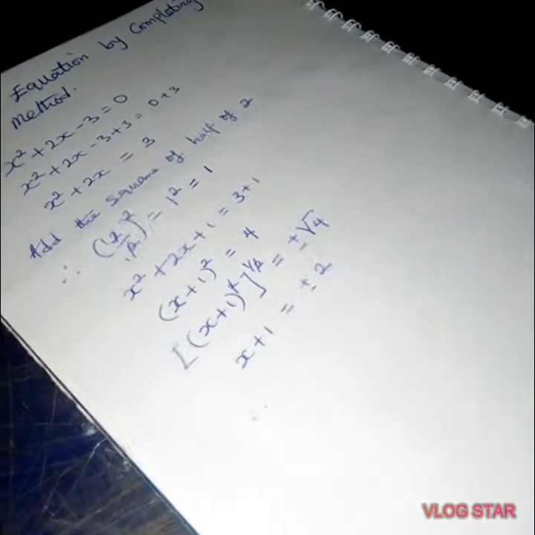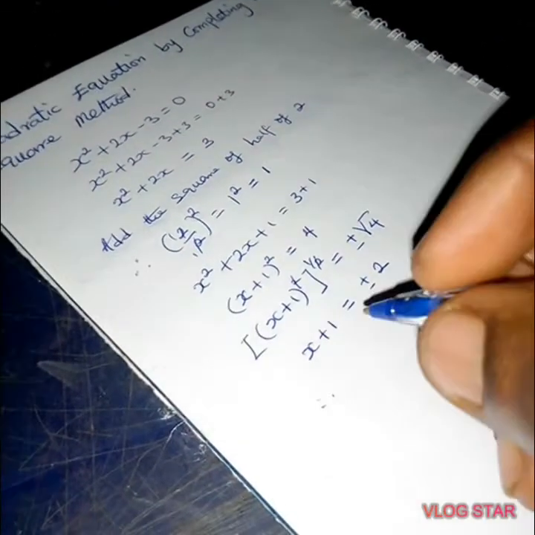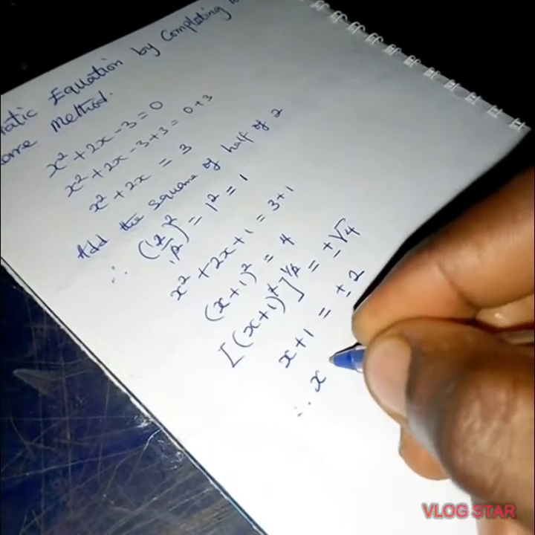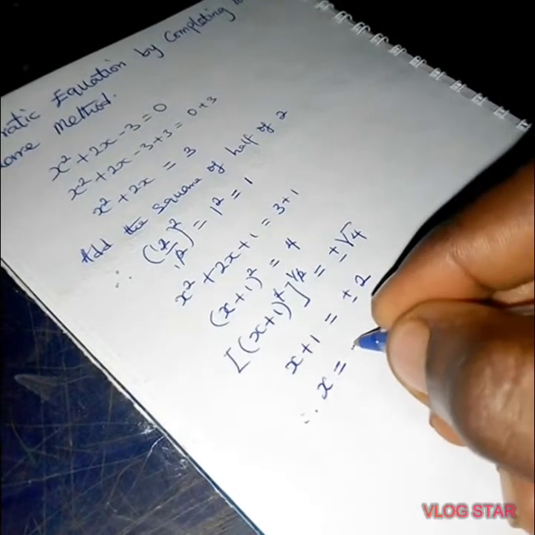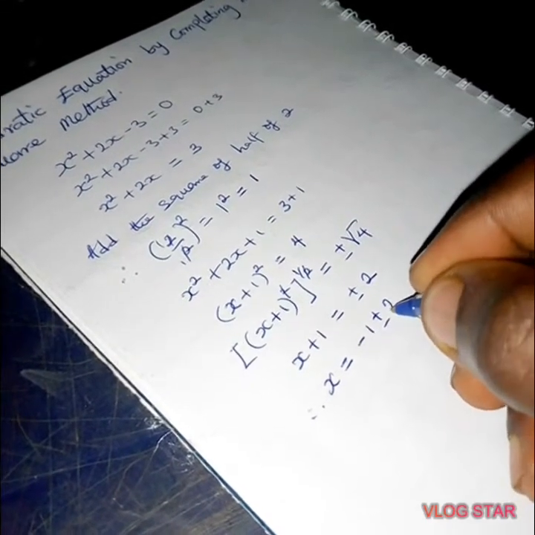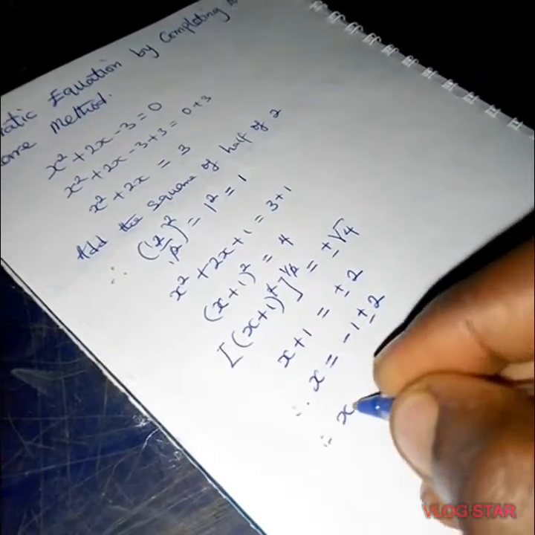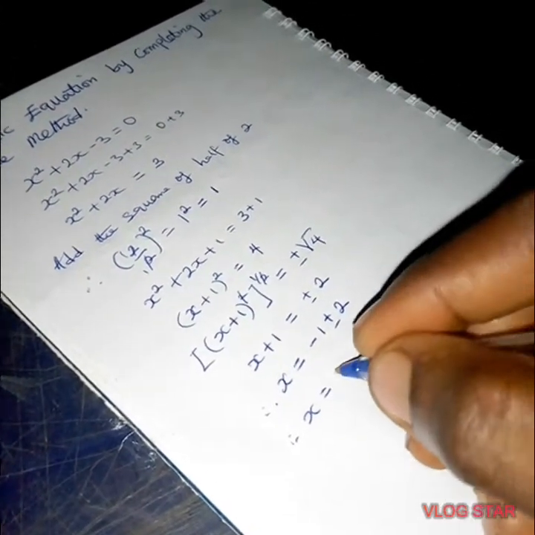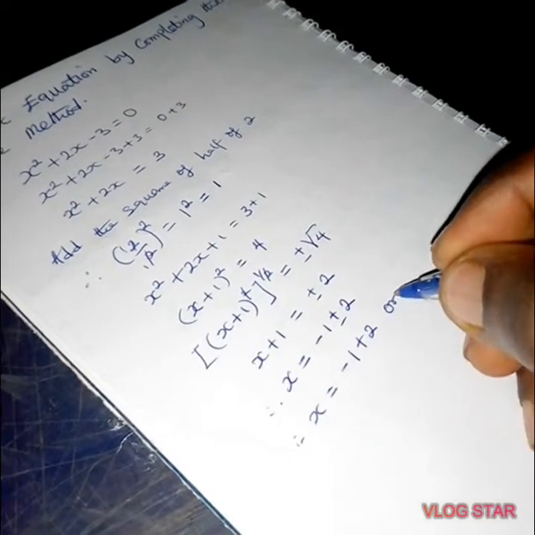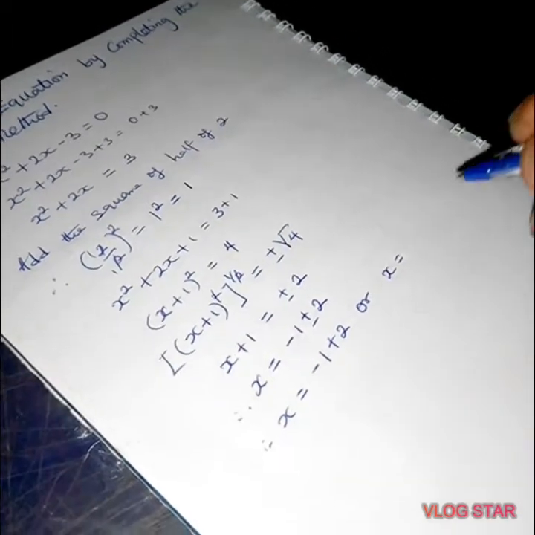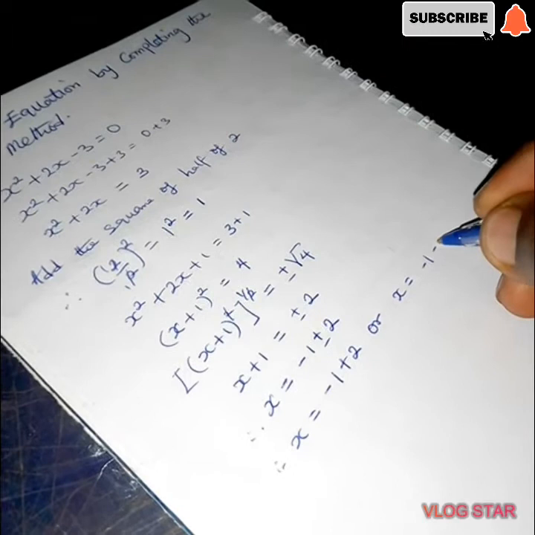Therefore, you make your x the subject of the formula, and that will give you x equal to, when 1 crosses the equality sign, changes to minus 1, then plus minus 2. Therefore, x is equal to minus 1 plus 2, or x is equal to minus 1 minus 2.